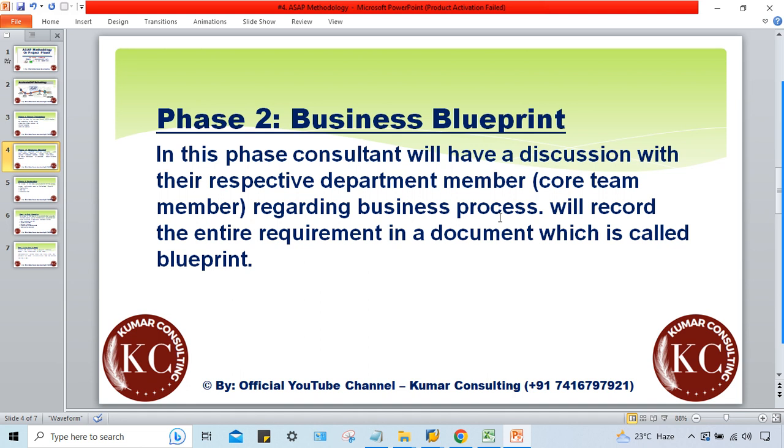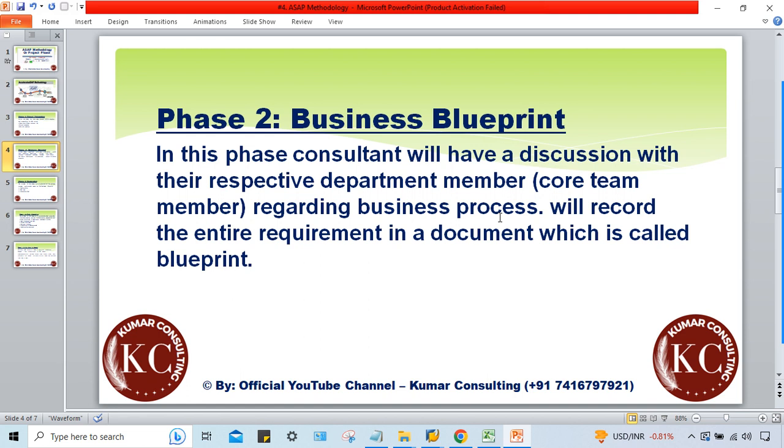So sales department related all the activities, whatever the activity happen here in sales department, right? First of all, SD consultant, sales and distribution consultant, will discuss with the sales team member to understand their process, and that is going to be configured.